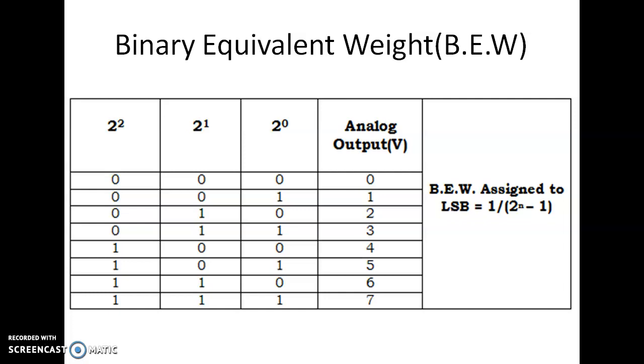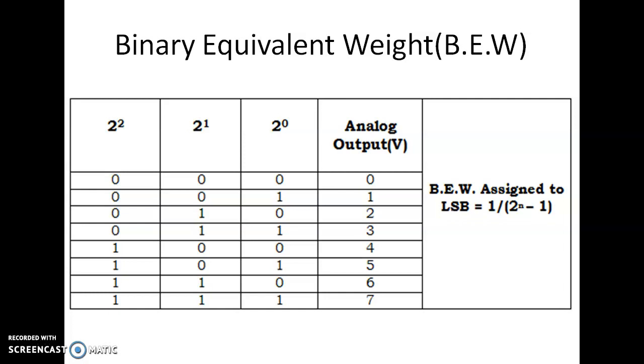So the resistive divider should be designed to produce a 1 volt output corresponding to a 1 in the LSB position. So we can say VO is equal to range times 1/7, so 7 times 1/7 is 1 volt.